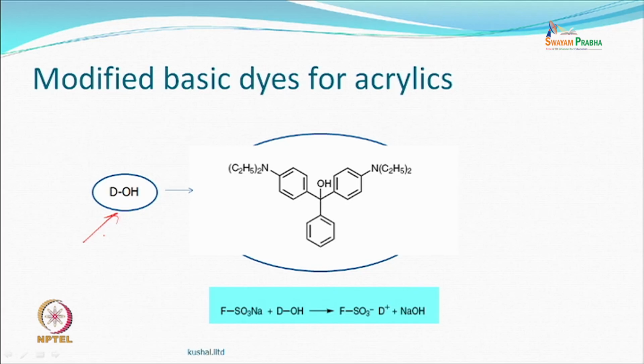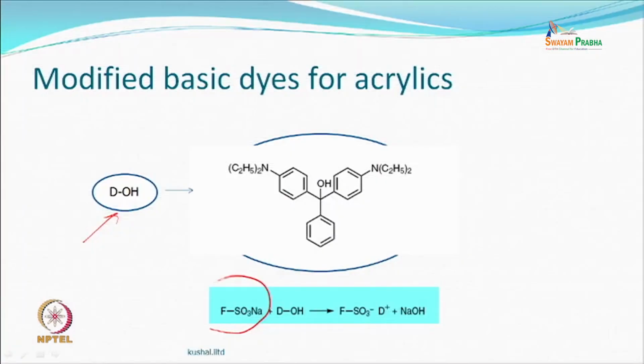If that is not there, then this can sublime. Another disperse dye that sublimes can also go, like it can go to the nylon. But normal basic dyes, cationic dyes, have high tinctorial value, which everybody likes. So if you want that, then you have to modify the dye in a manner that it is not ionic.